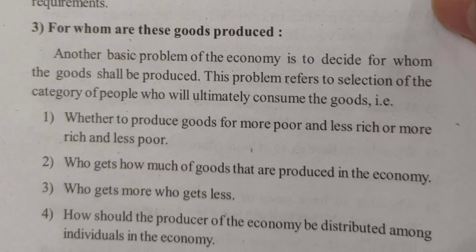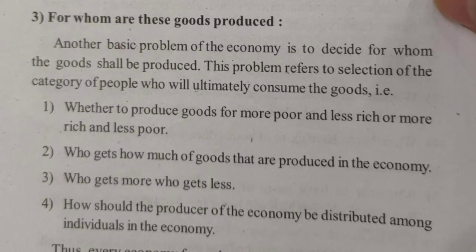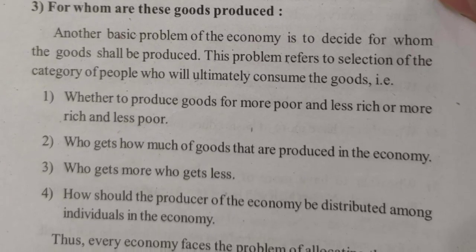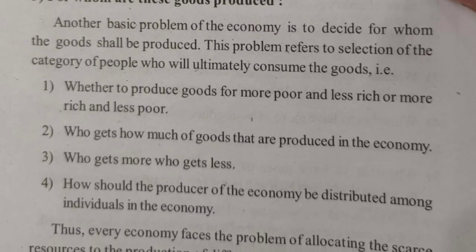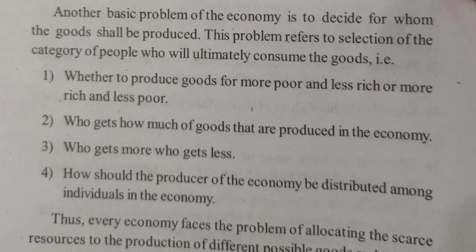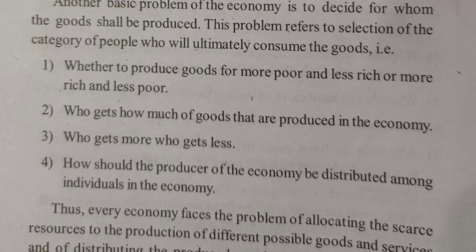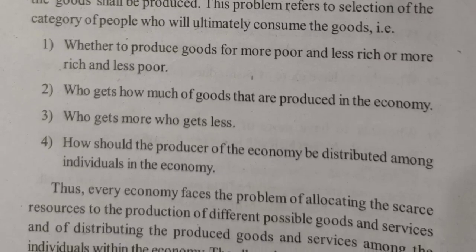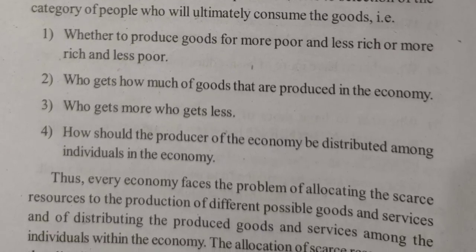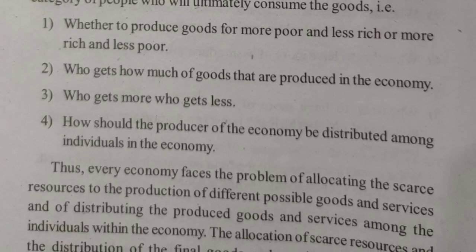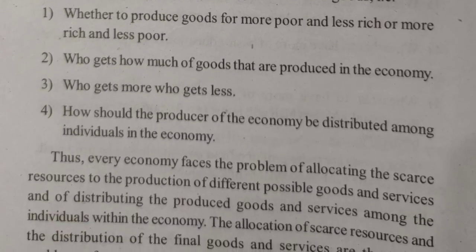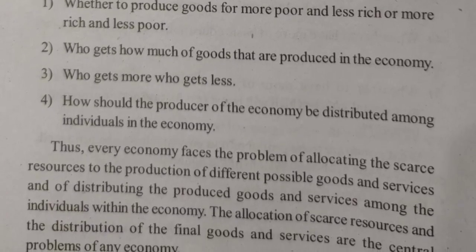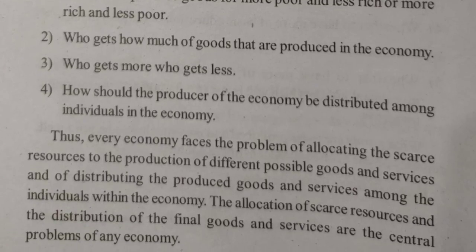We are producing for the middle class, higher class or lower class. Here class means poor people, middle class people, rich people. You should know for whom you are producing this. So this is how the central problem of the economy is.